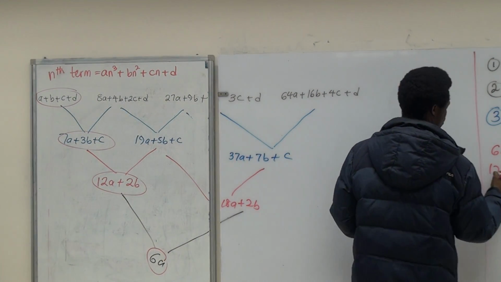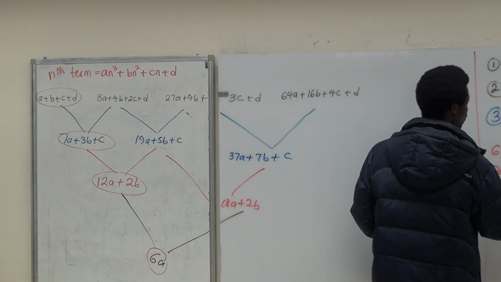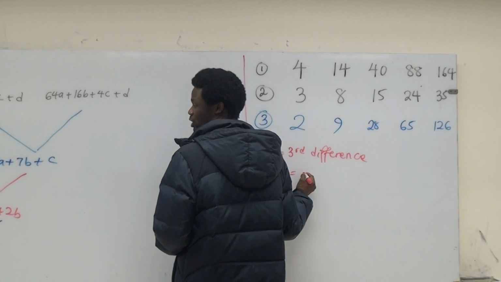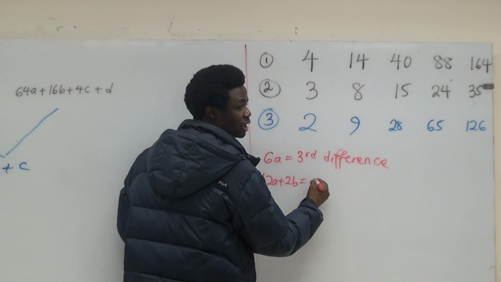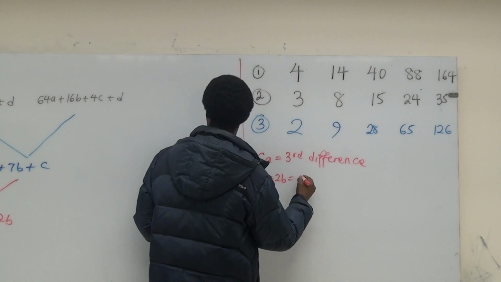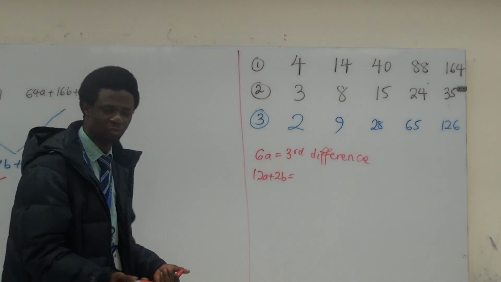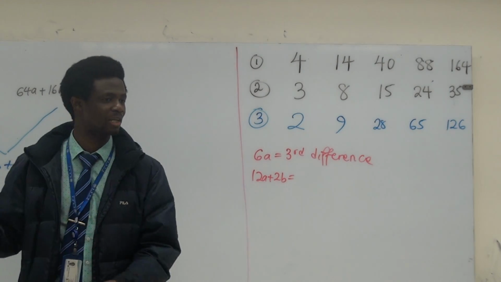12A plus 2B is the first term of the second difference. Can we see that? Talk to me, people. Second difference. It is the first term of the second difference, because the second difference is more than one and it's not the same.